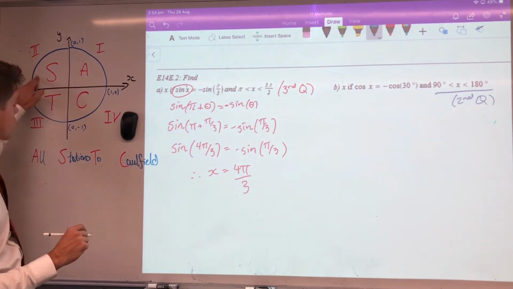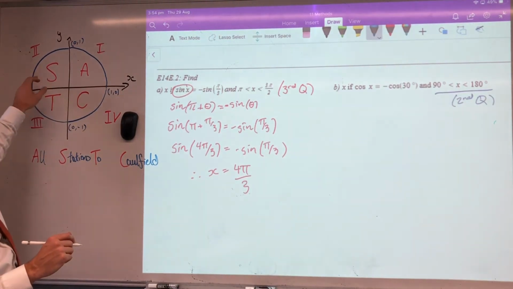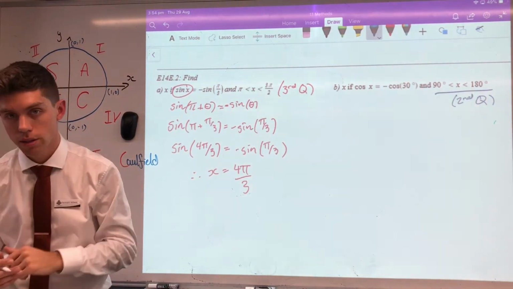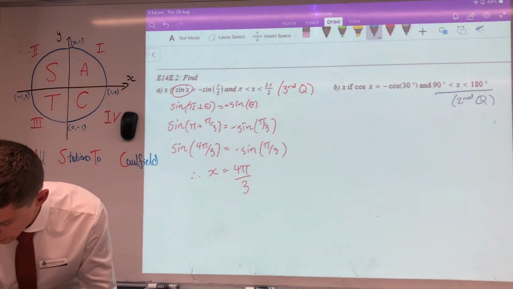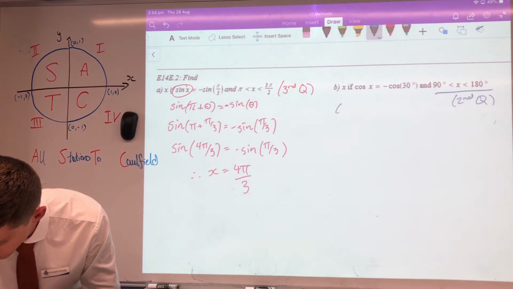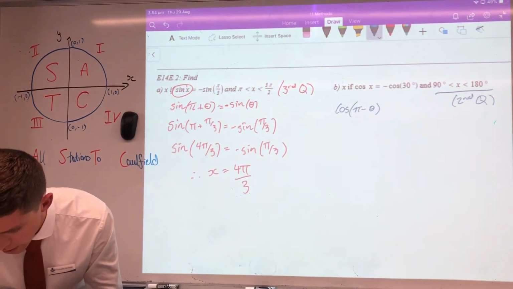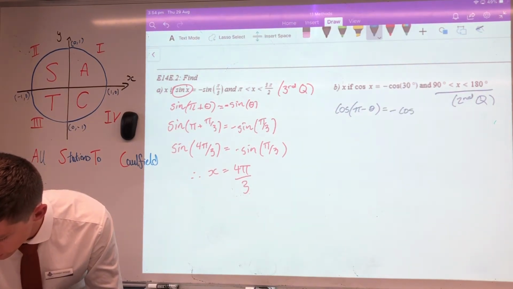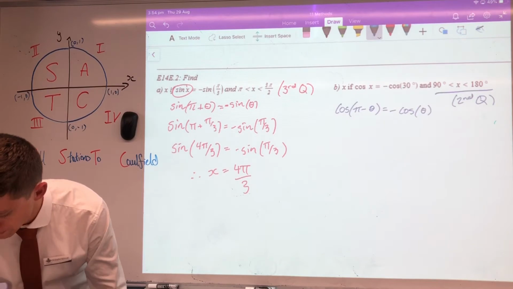We know that cos is negative, but we can also write the angle as pi take away theta. So we can use both of those facts: cos of pi minus theta is equal to negative cos of theta.